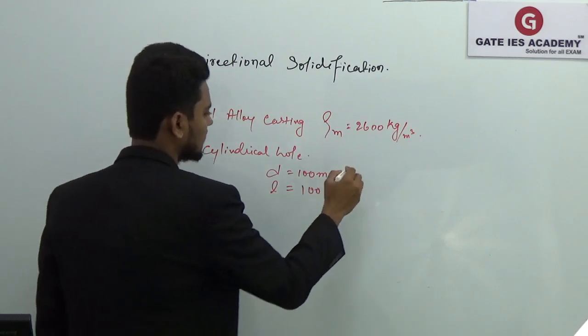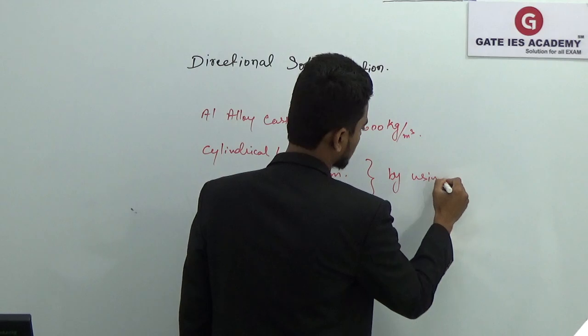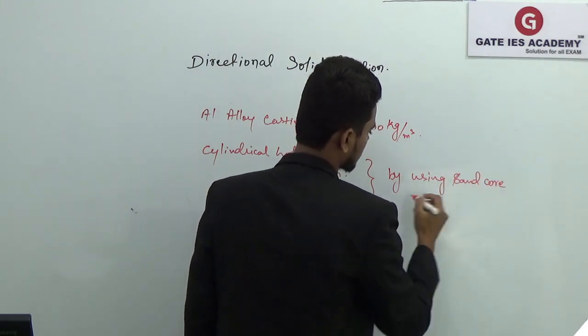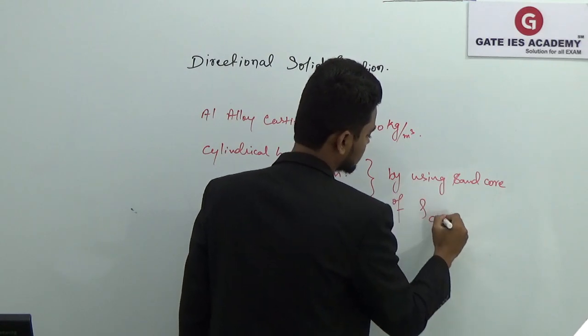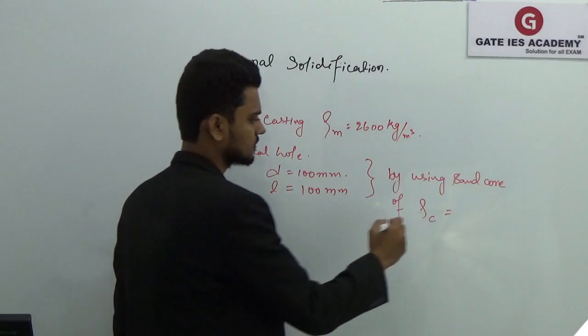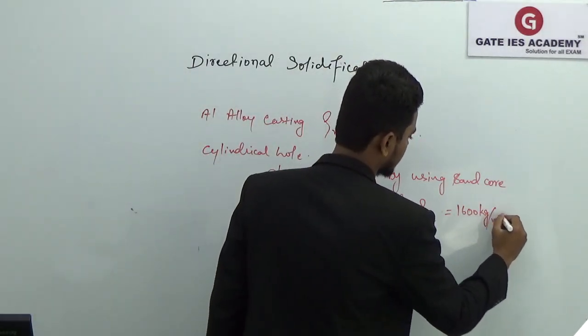How are we making that cylindrical hole? By using the sand core of density 1600 kg per meter cube.